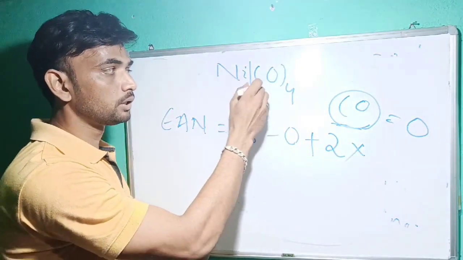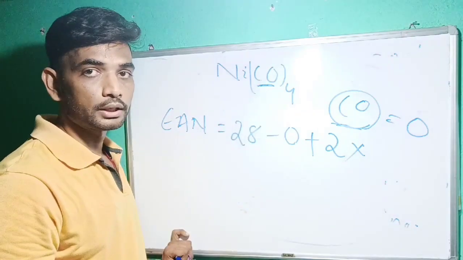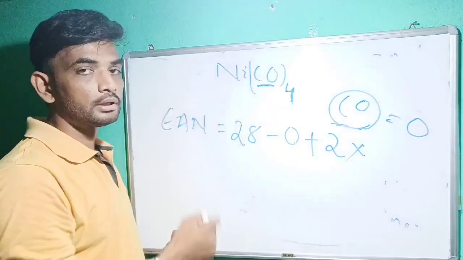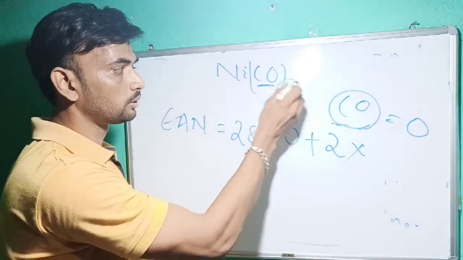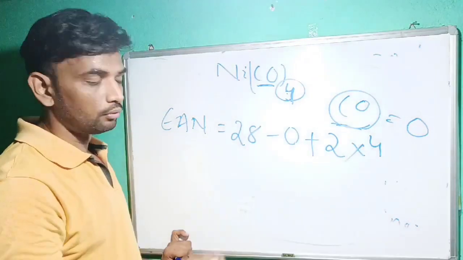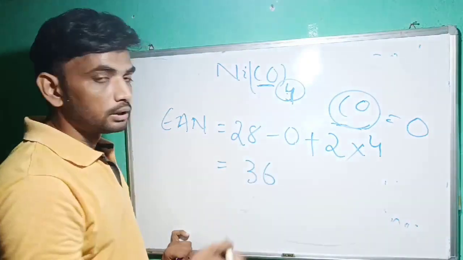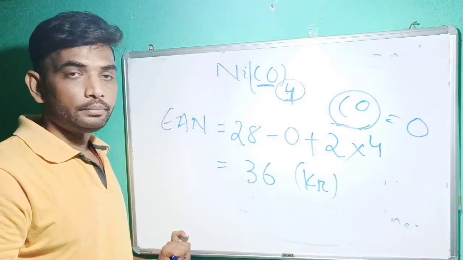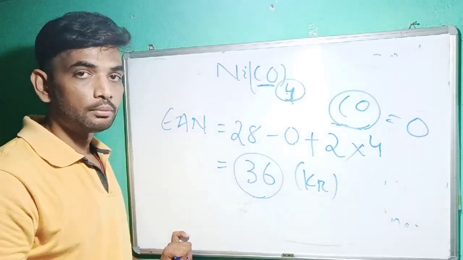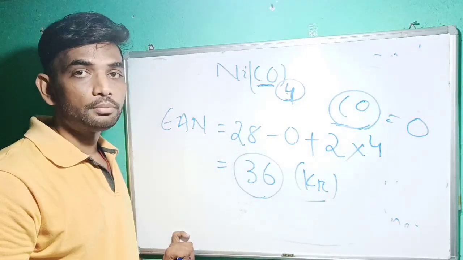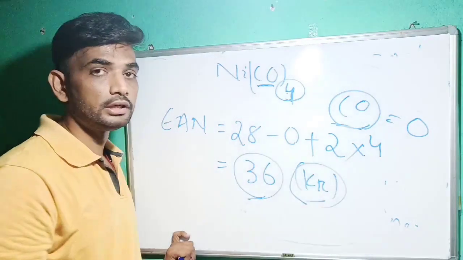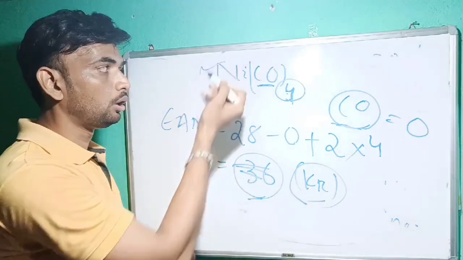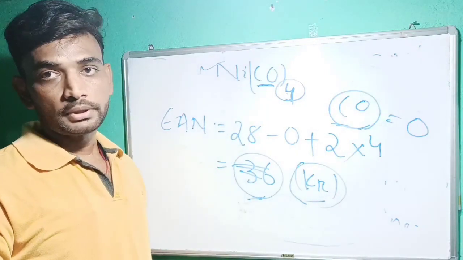This is a neutral monodentate ligand, so there are 4 coordinate bonds with the nickel metal, and the coordination number is 4. 2 into 4, total is equal to 36, which is the atomic number of krypton, the next inert gas. That's why this is called the effective atomic number of the metal in the respective complex.